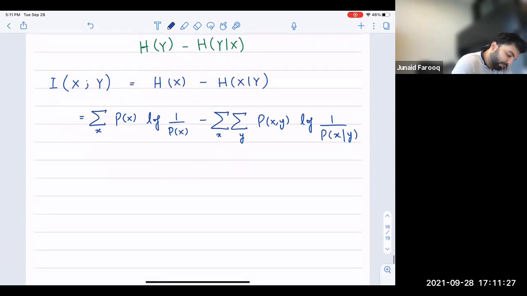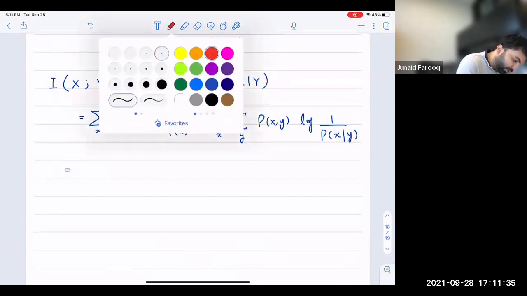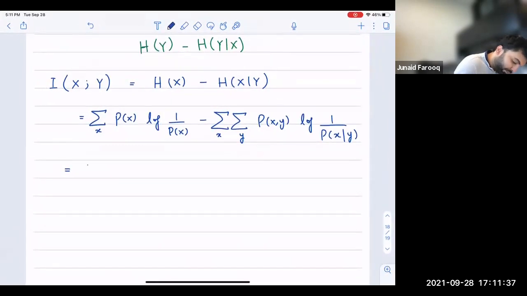Okay, so now here what we can do is, to make them look similar, we can artificially create a y summation. So there's a summation over x already, but we can just create a summation over y, and we can say this is p of x comma y.